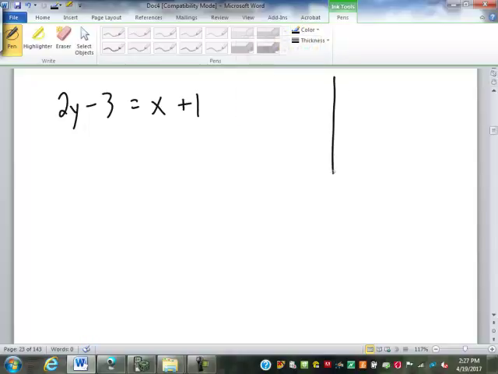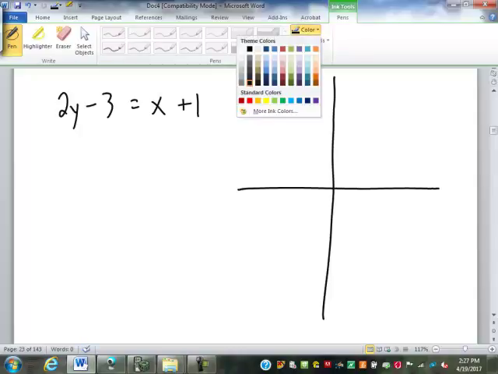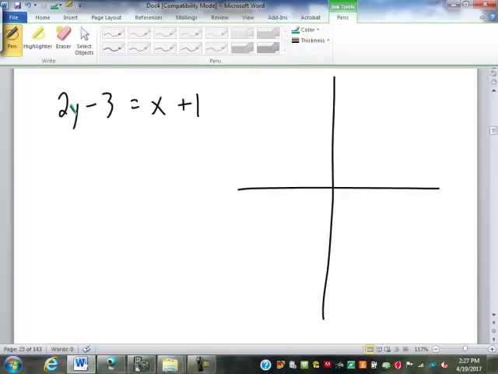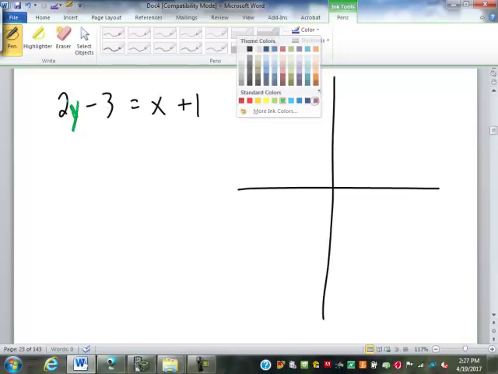This one doesn't fit into our y equals form. We can't just graph it. We've got to adjust it before we can graph. We have to get the y by itself. y has been multiplied by 2 and 3 has been subtracted from it. So to solve it, we've got to reverse that. We've got to undo it.